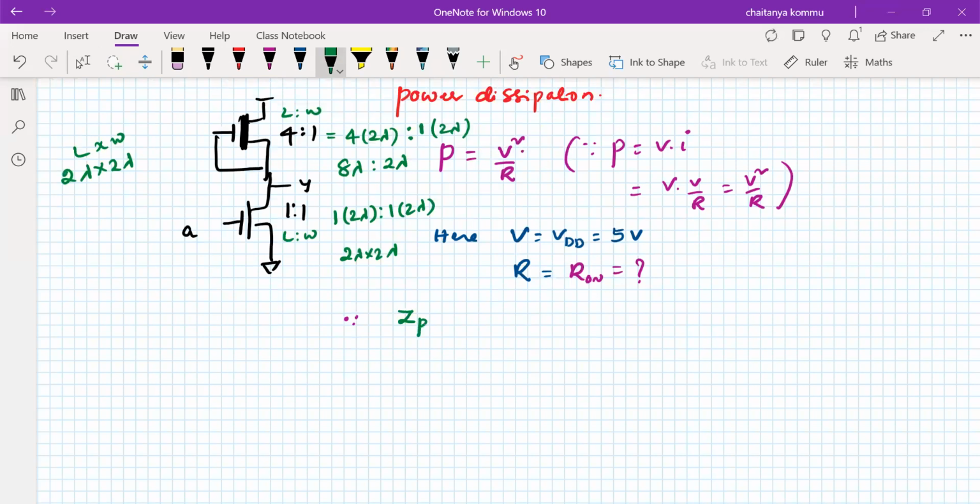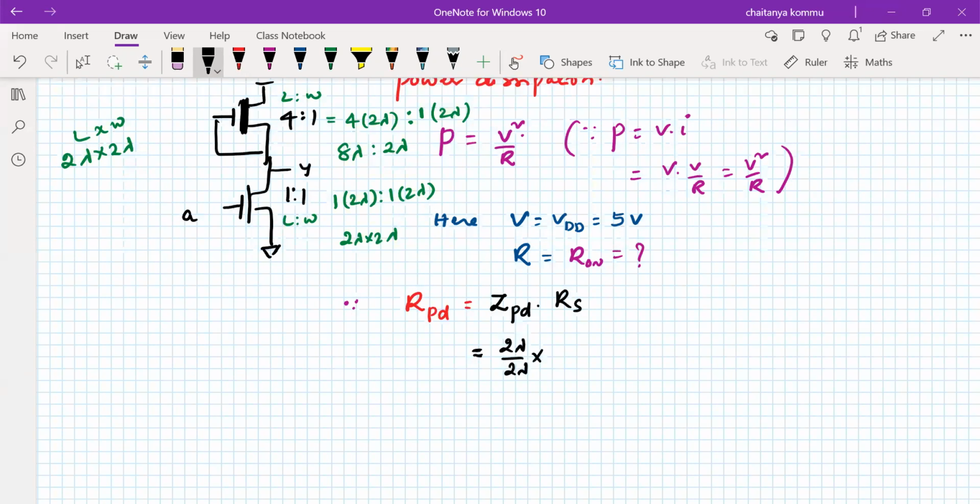The resistance offered by the pull down network is ZPD into RS, the sheet resistance. ZPD is the length to width ratio for the pull down network, so 2 lambda by 2 lambda is multiplied.